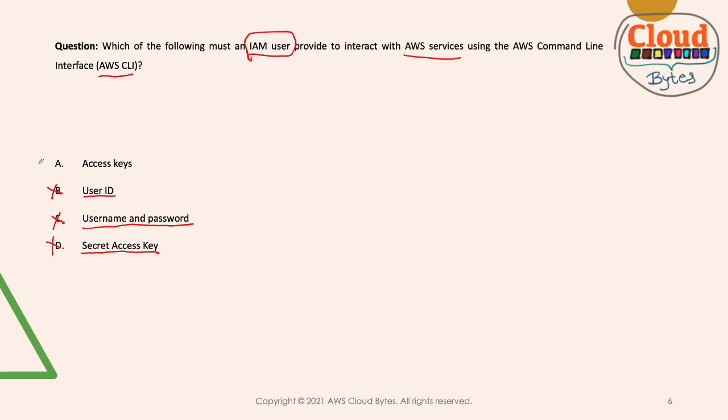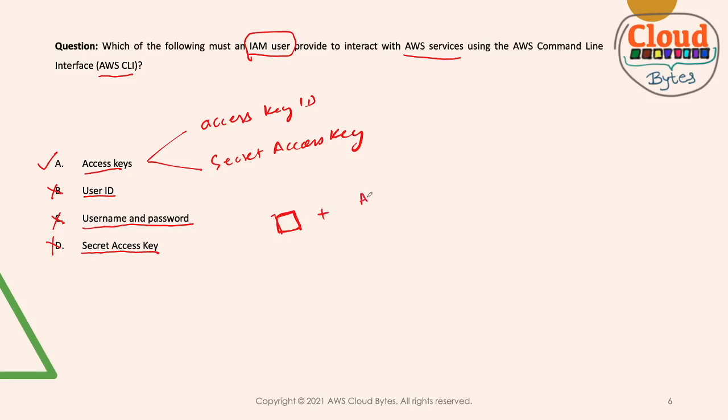The only option that looks valid here is A, which is access key. Now, access key contains two things. One is access key ID. The second one is secret access key. So, as a user, this is an IAM user. When you create an IAM user in the console, you can say add an access key, or you can say create an access key, which contains these two things, 1 and 2, mentioned here.